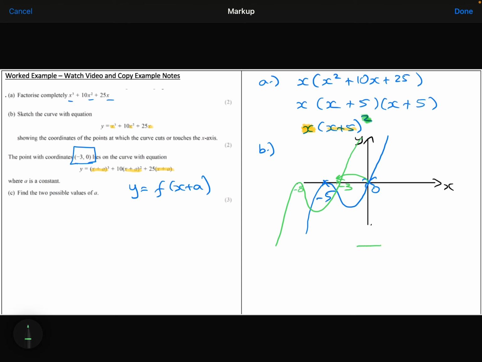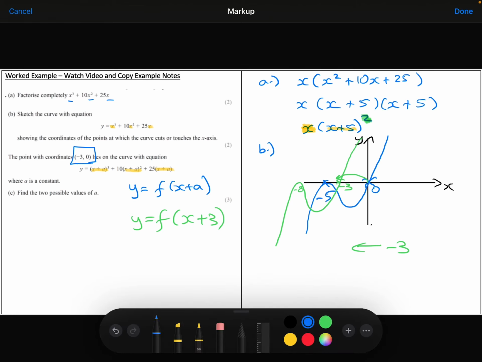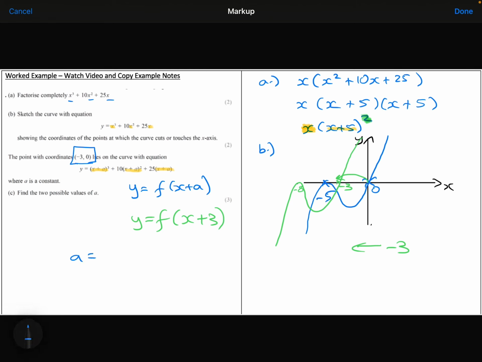In which case my graph will have moved 3 squares in the negative direction, which would be given by the transformation y equals f of x plus 3. So the two possible values of a are either 3 or minus 2.